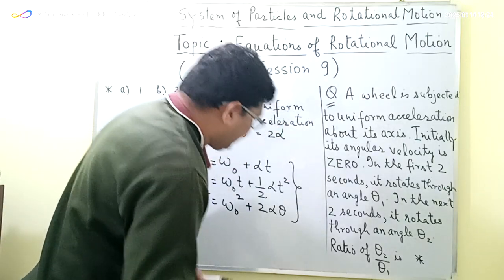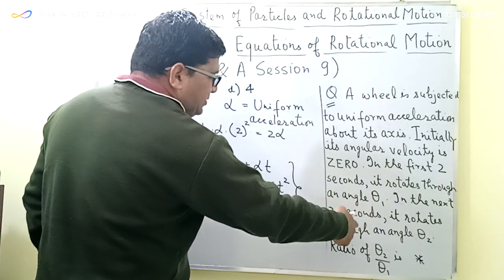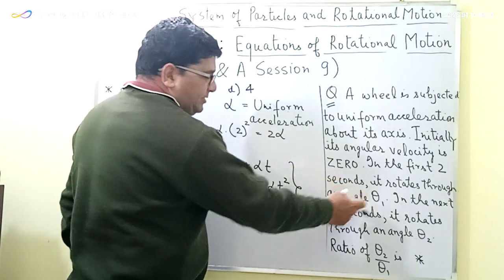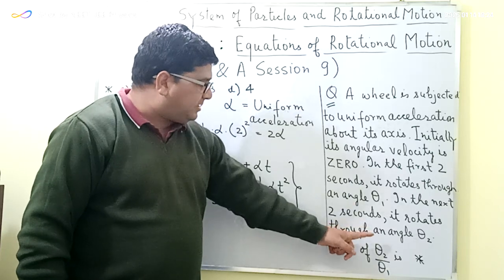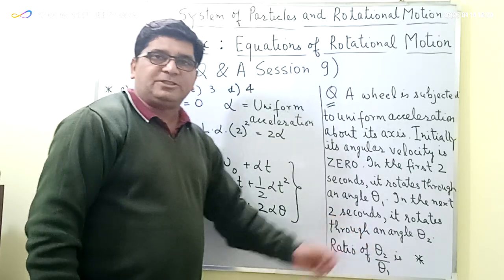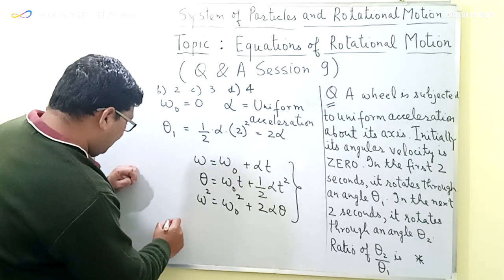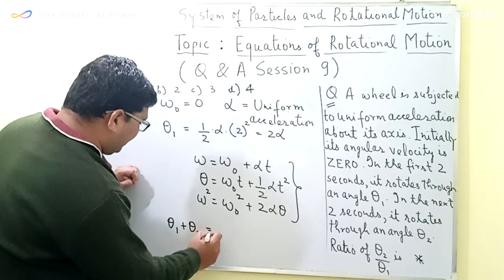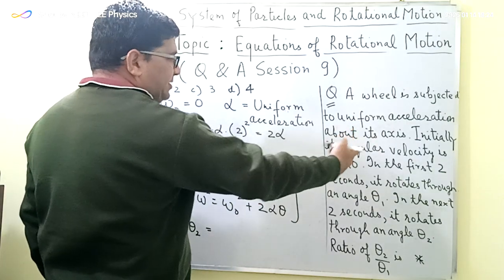Now let us take the second case. In the next 2 seconds, it rotates through an angle theta 2. So in the first 2 seconds it has rotated through an angle theta 1, and in the next 2 seconds through an angle theta 2. So the total angular displacement कितना हो गया? Theta 1 plus theta 2. So in the second case, the total angular displacement will be theta 1 plus theta 2, and the initial angular velocity is 0.